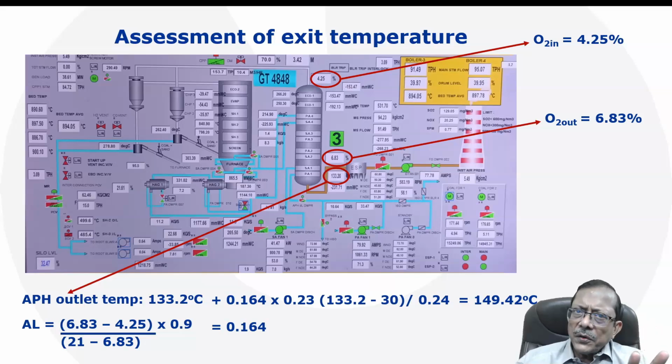But if you have a monitoring system where the corrected gas temperature is always in front of you, right, then you get a better understanding of whether our APH outlet temperature is increasing or not. Now, talking about monitoring this, various factors in the boiler system affect the gas temperature.